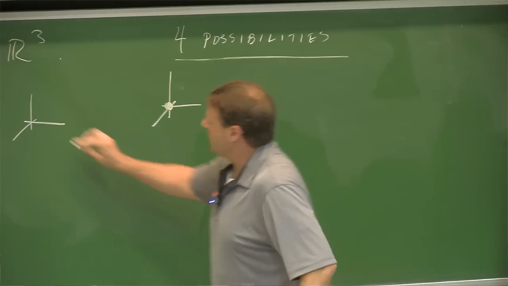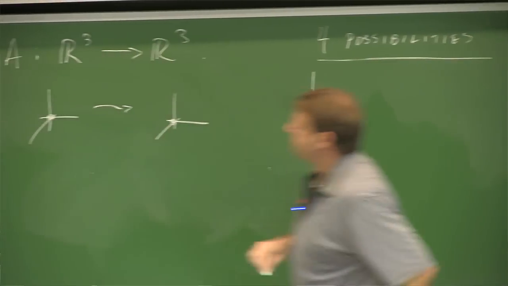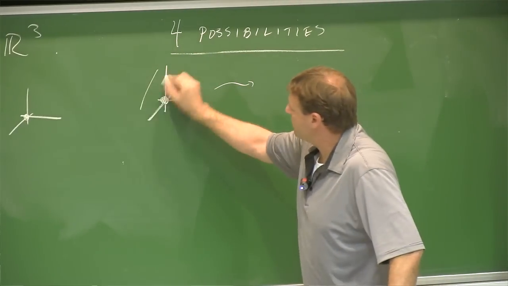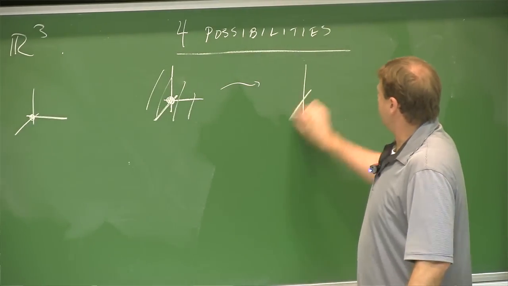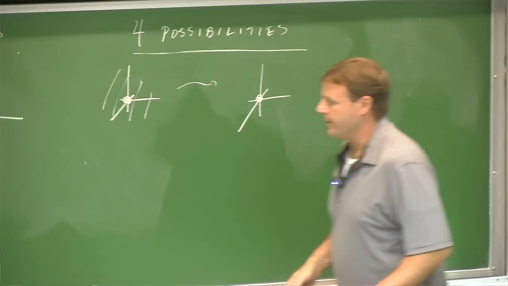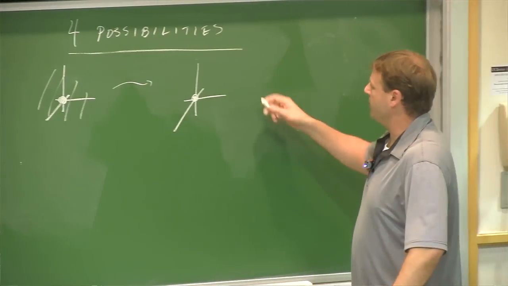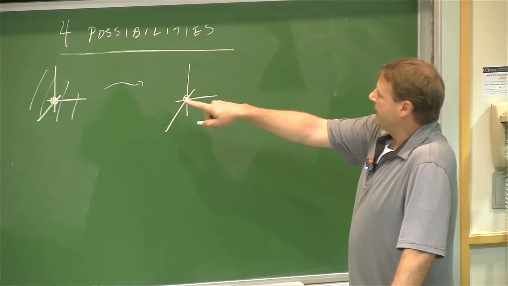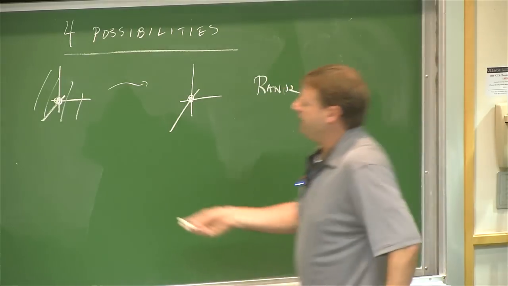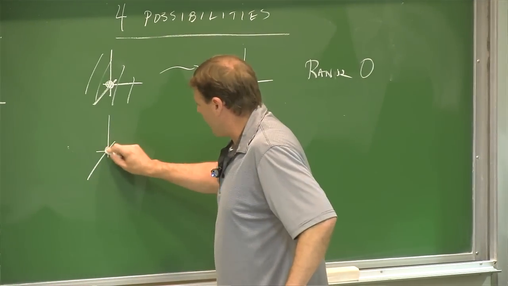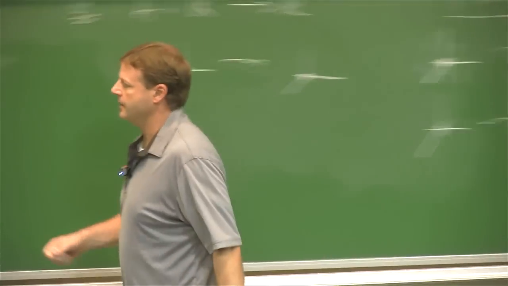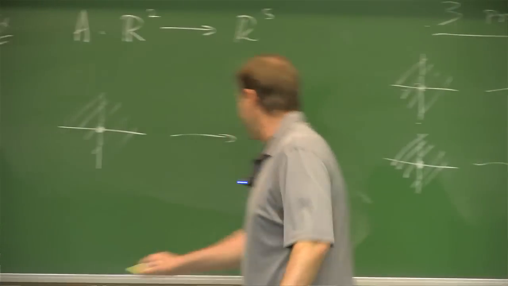Okay, once again, it always takes the origin to the origin. So I could have the one where it sends the whole space into just the origin. I could make that yellow, but anyway. So this is rank 0. And then I could have rank 1. That would be where I get a line there in 3 space.